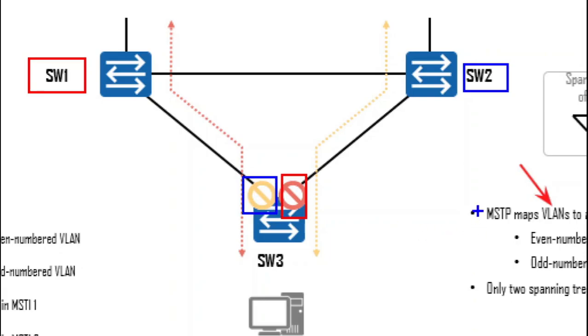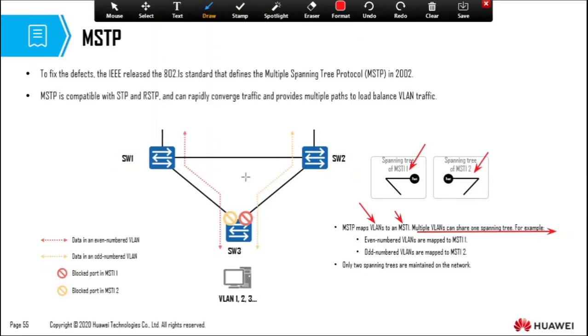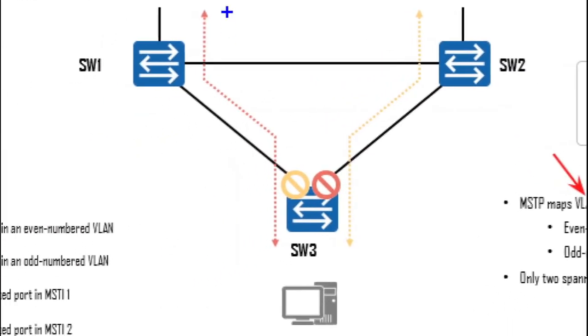Then if data is coming from VLAN 1, 3, or all the odd numbered VLANs, we want it to pass through one tree, and the even ones through the other.